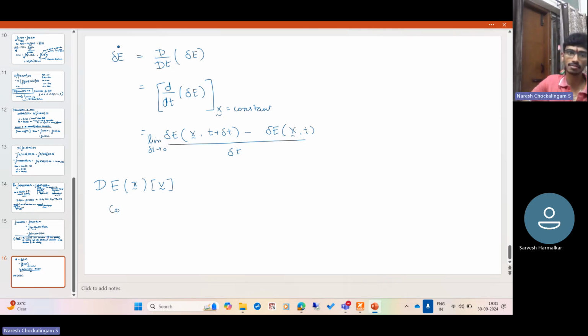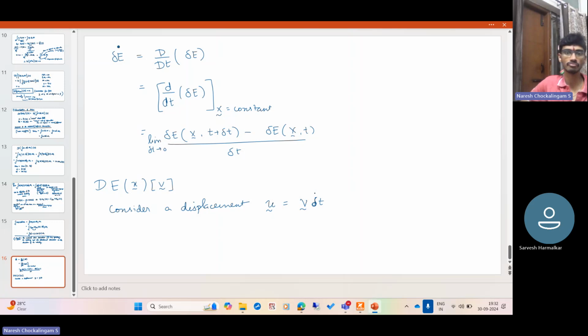Consider a displacement U equal to v delta t.